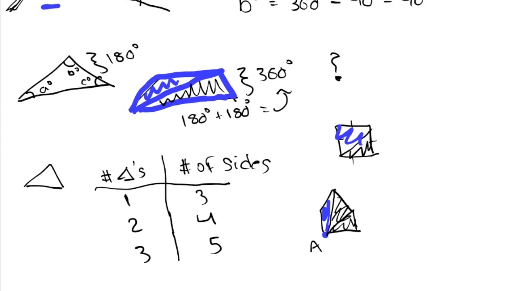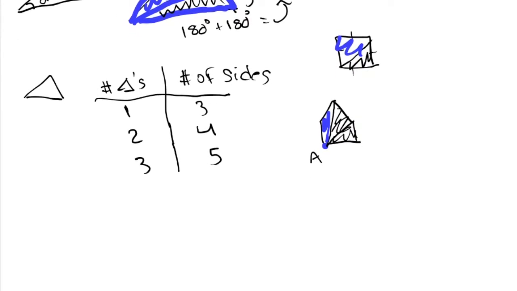Since the interior angle sum is always just 180 degrees times the number of triangles, if we have a formula for the number of triangles in relation to the sides, we can have an algebraic relation dependent on the number of sides.